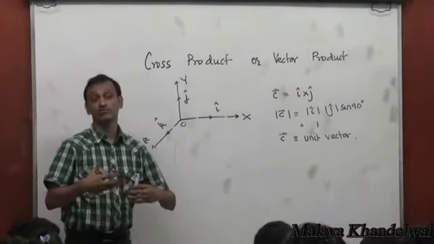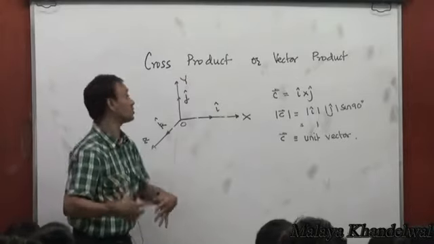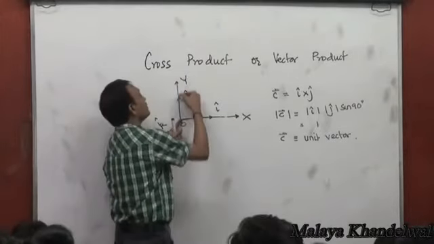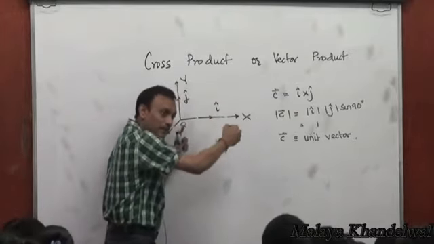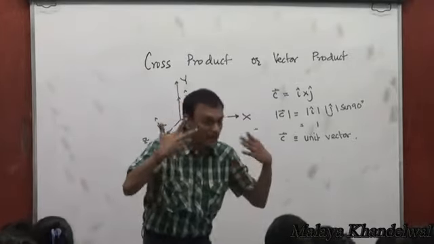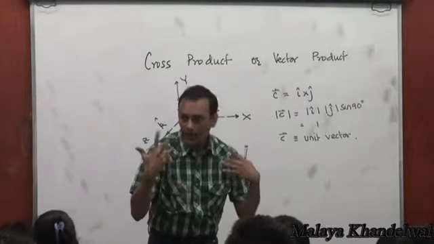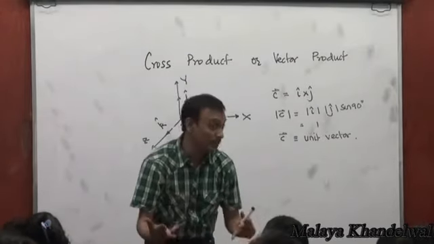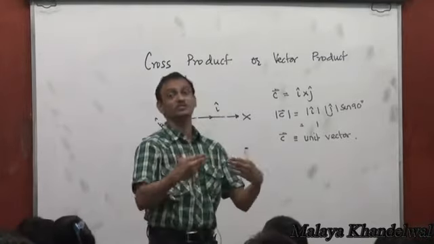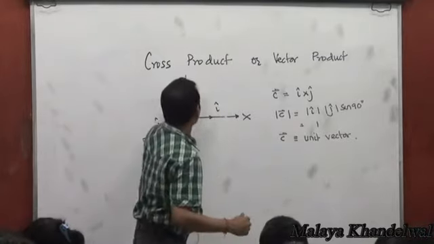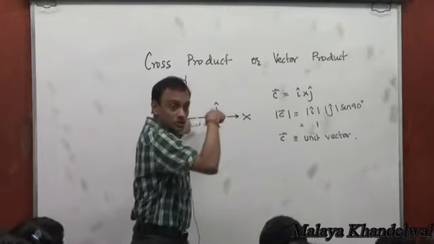Now the direction of i cross j. This is i, this is j. They lie in the xy plane, so i cross j should be perpendicular to the xy plane. So it must lie in the z direction, because the direction perpendicular to the xy plane is the z direction.